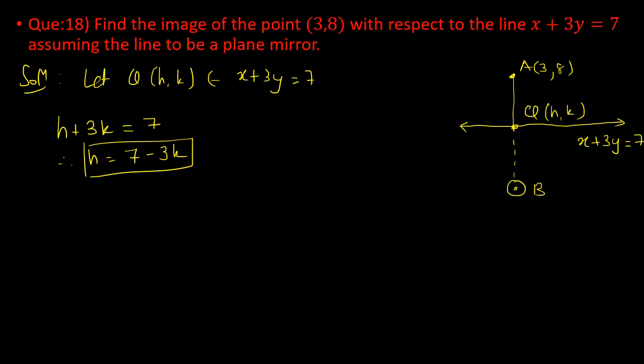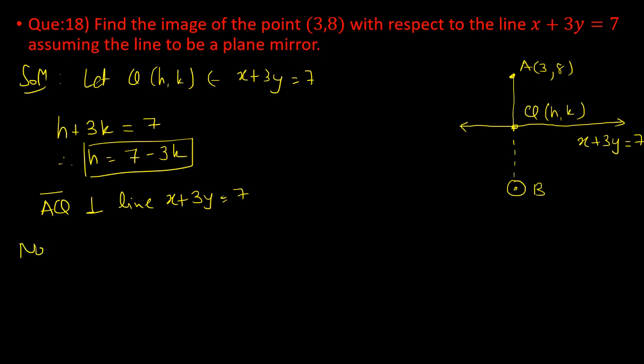Now also you can observe that AQ is perpendicular to the line x plus 3y is equal to 7, correct?